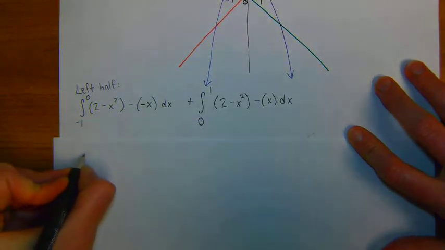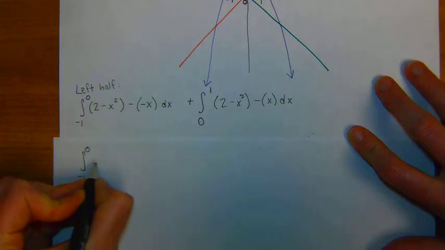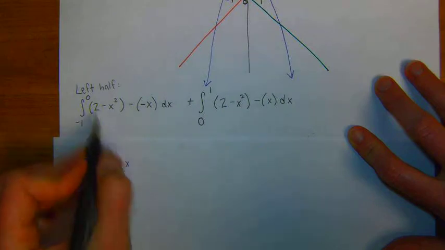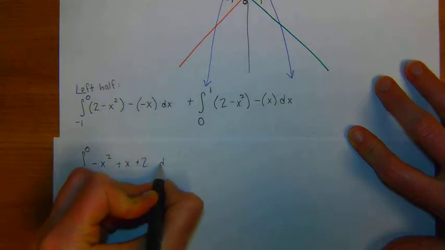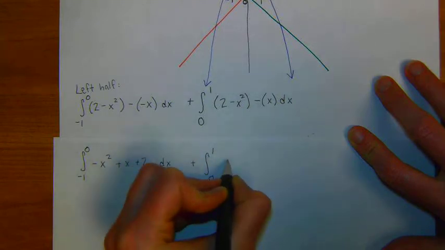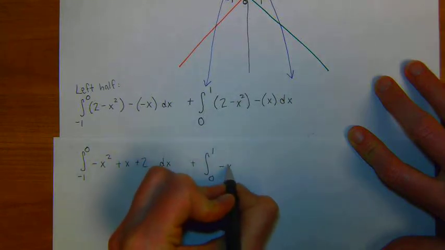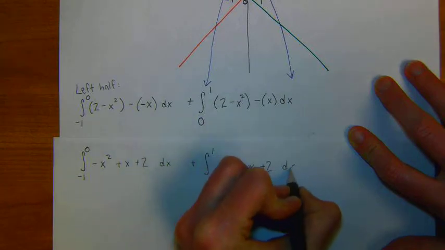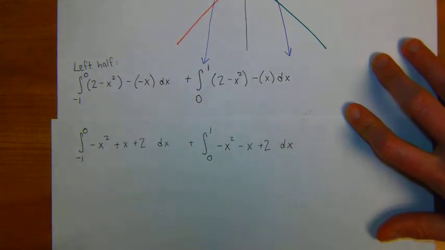So in this case, we're looking at the integral from -1 to 0 of 2 minus x squared minus a -x, which is minus x squared plus x plus 2 dx, plus the integral from 0 to 1 of minus x squared minus x plus 2 dx. I'm going to integrate using the power rule.